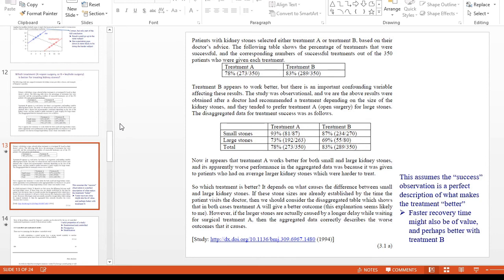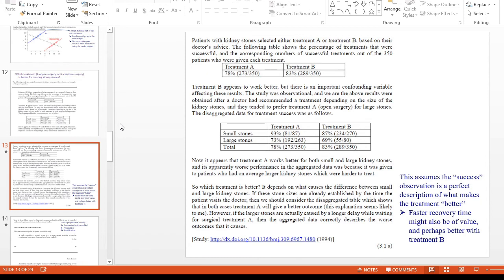However, just to show you a different way this data might have happened, suppose treatment A happened to be a kind of surgery with a long waiting list, and all the patients came in with the same size kidney stones, but more of the treatment A group had their kidney stones get bigger while they were waiting.